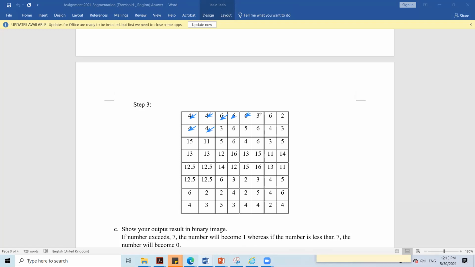Less than or equal to 3. Then you can merge this one. Merge, merge, merge, merge, merge, merge, merge. Less than 3, all can. Then this one will merge also.